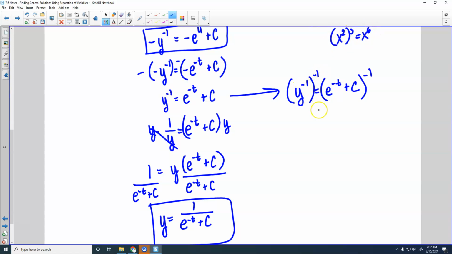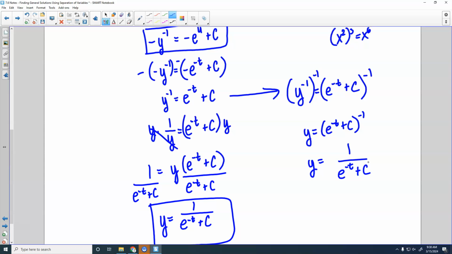If I multiply my exponents here, what do I get? 1. So that's just y. And I've got e to the negative t plus c to the negative 1, which can be written 1 over e to the negative t plus c. So that's a little bit faster. But definitely do whatever you're most comfortable with.